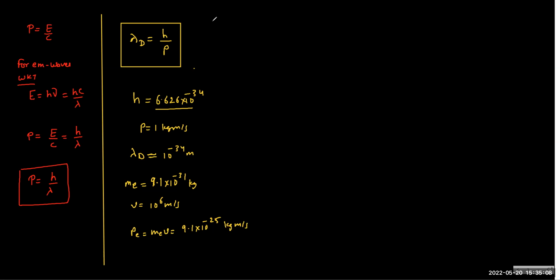And therefore, if we try to calculate the lambda de Broglie of the electron, the order is quite good actually. It's of the nanometer order.